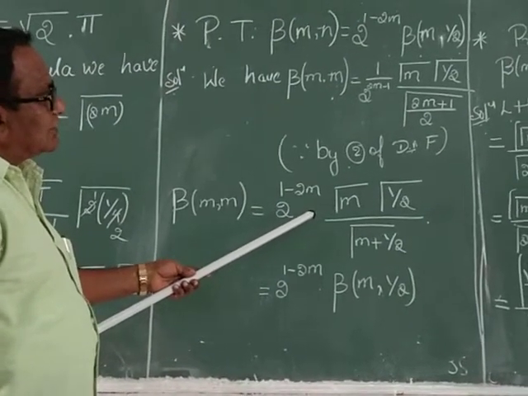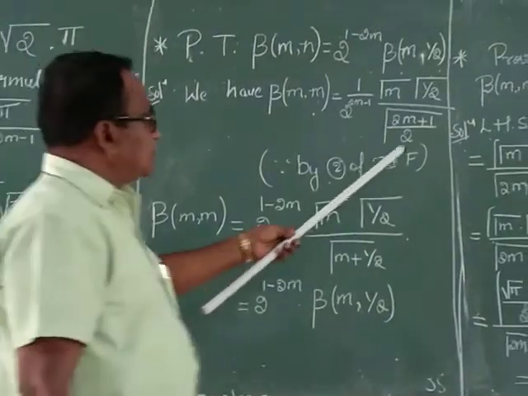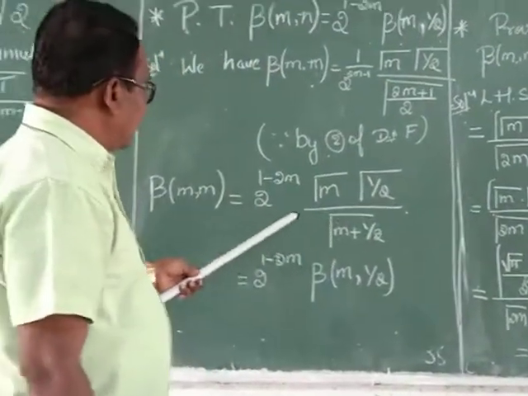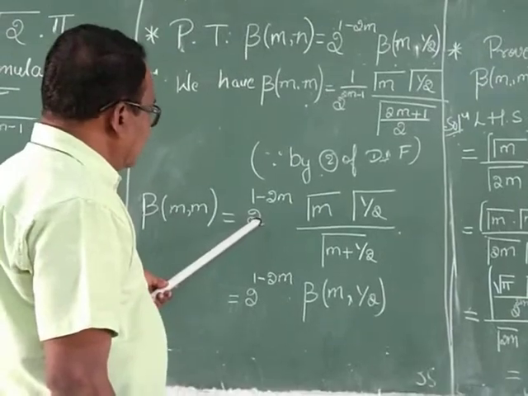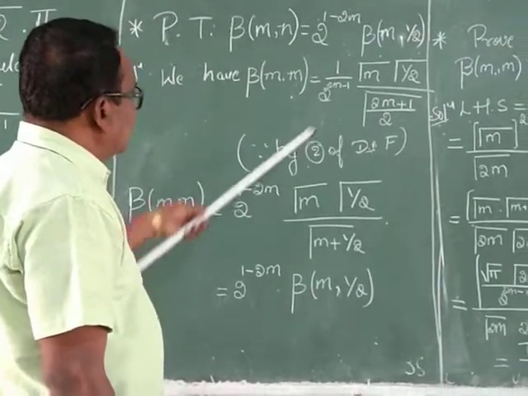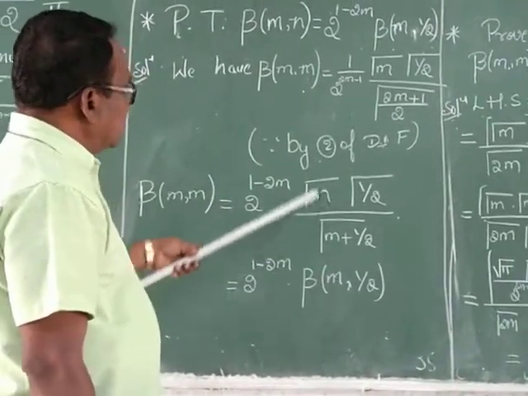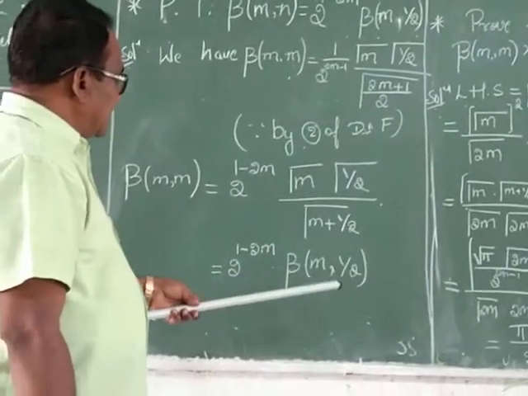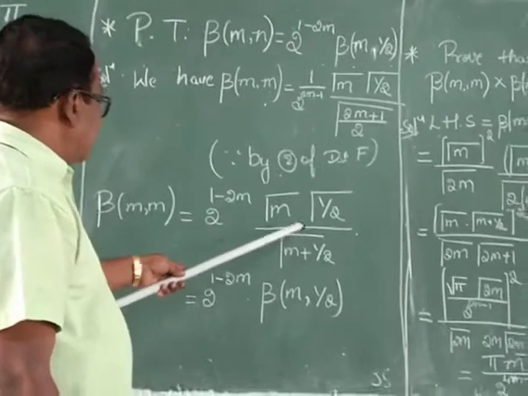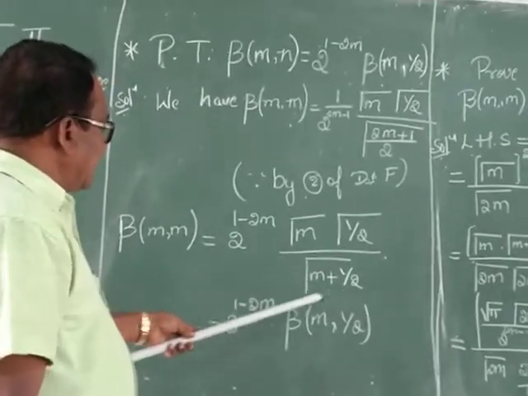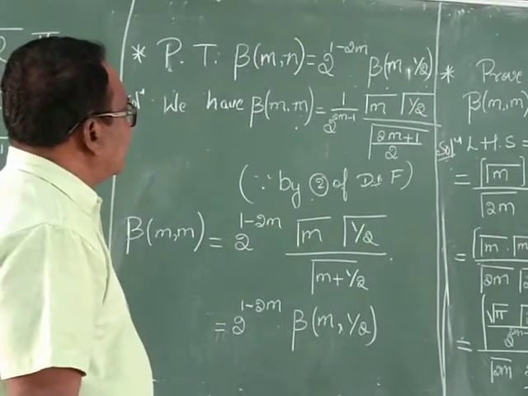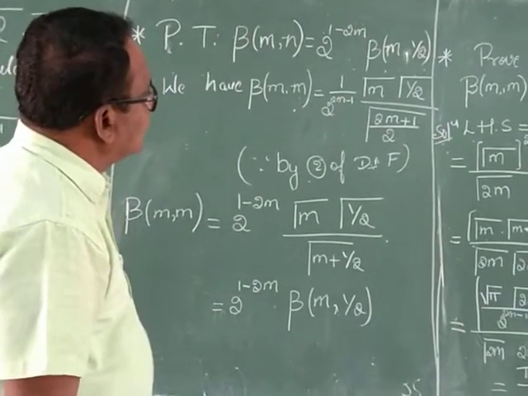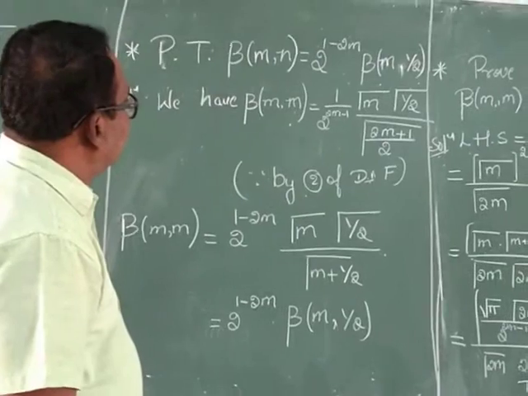Yes, it is beta(m, m) equal to 2 to the power 1 minus 2m. Here is your result. 2 to the power 1 minus 2m, if I take it to the numerator, into gamma m, gamma half written as it is, divided by gamma of m plus half.